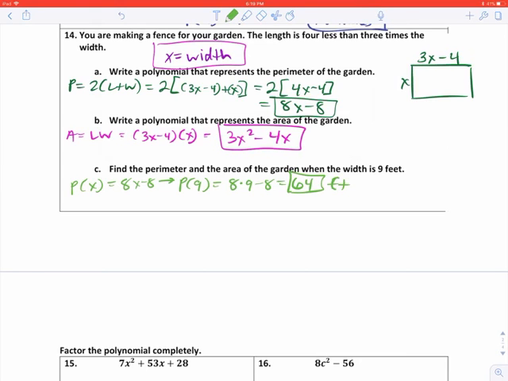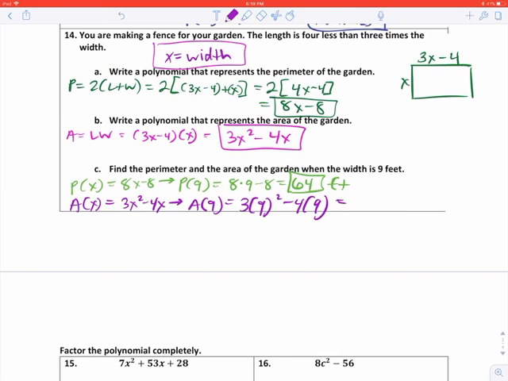So that would be, I guess, feet. And then area, I'll write that as a function as well, is 3x squared minus 4x. If I know that my width is 9, then I can plug that in and get 3 times 9 squared minus 4 times 9. I have to go in order of operations.